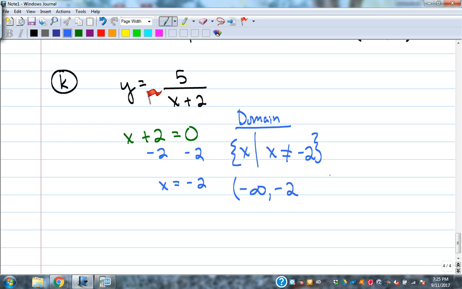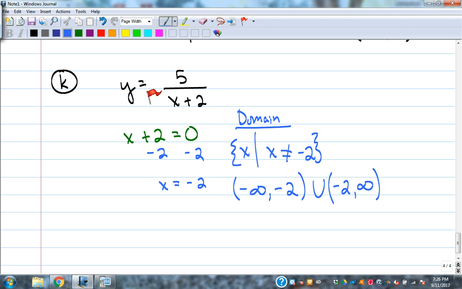And I got to skip it. So the way you skip it in interval notation is you say, okay, from negative infinity to the number I want to skip. And then I use a parenthesis and say, at -2, I got to jump. And I got to land right after -2. And then start walking again.